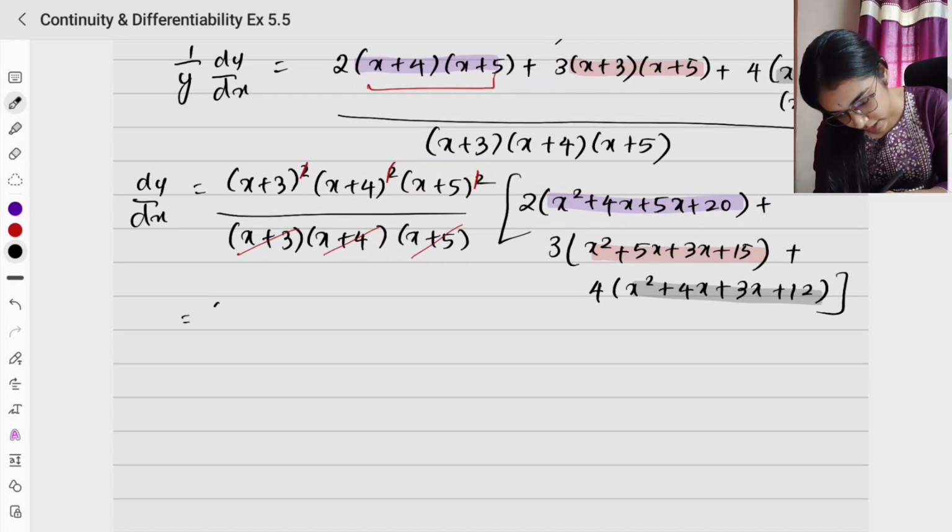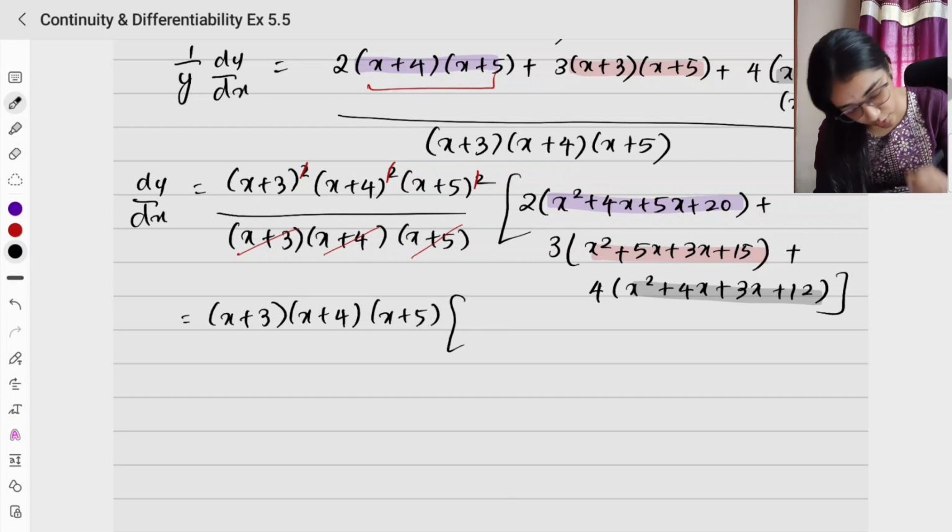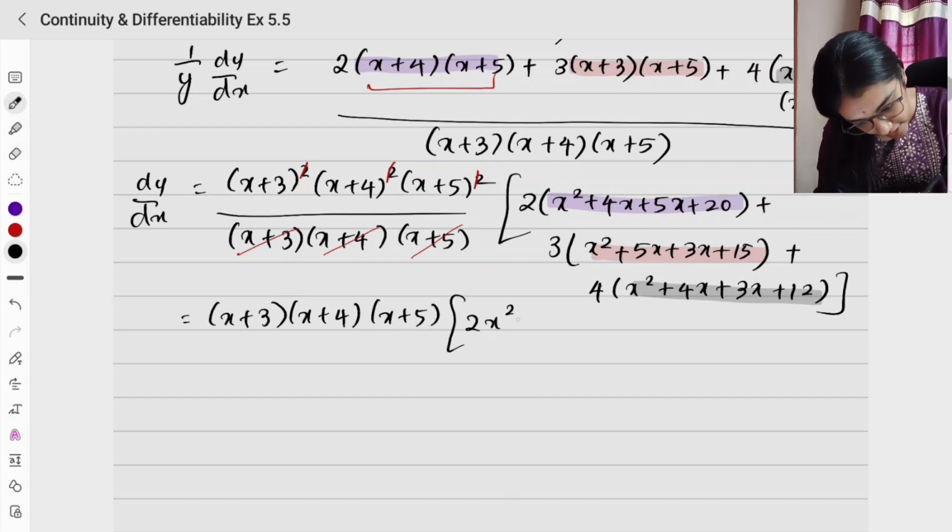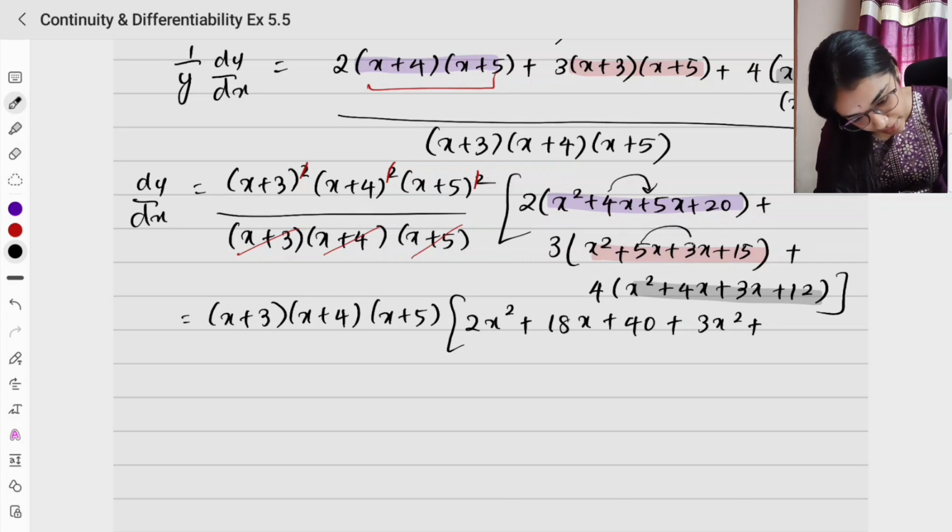I have (x+3) into (x+4) into (x+5) into, if I multiply this, what happens? 2x square plus 5 plus 4 is 9, 9 2s are 18, 18x plus 40. Plus the next term, what is it? 3x square plus 5 plus 3 is 8, 8 3s are 24, 24x plus 45.